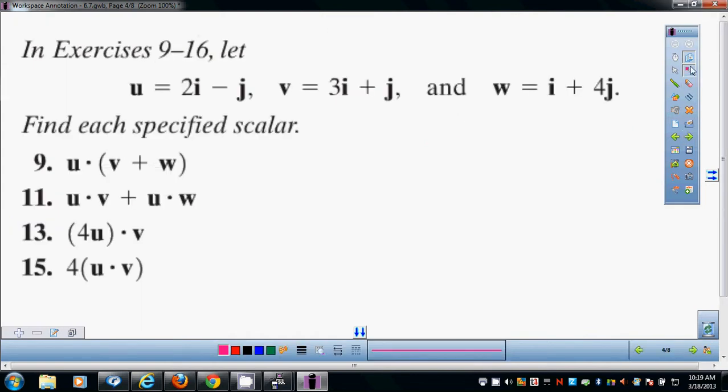Multiple vector thingies. Number 9, u dot v plus w. Which one do you think comes first? Yeah, just order of operations. In fact, let's just jump straight into number 11. When I'm done, am I going to have an i and a j? What am I going to have after I do number 11? Like, how many numbers, how many i's, how many j's?